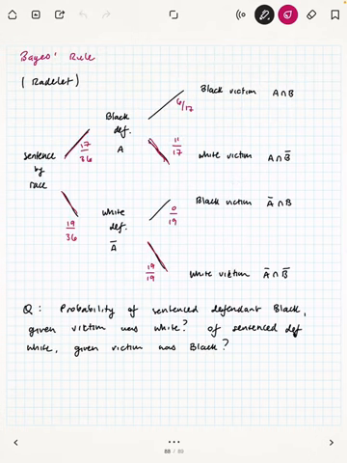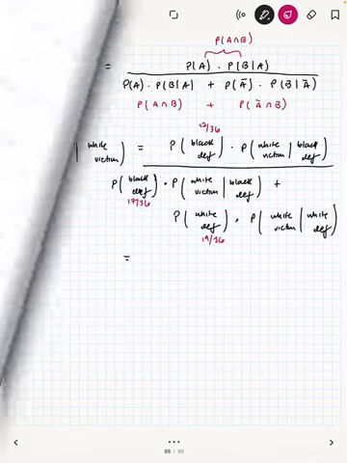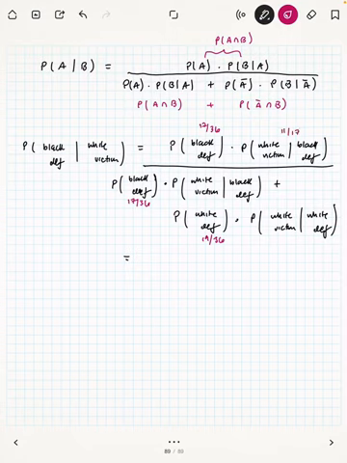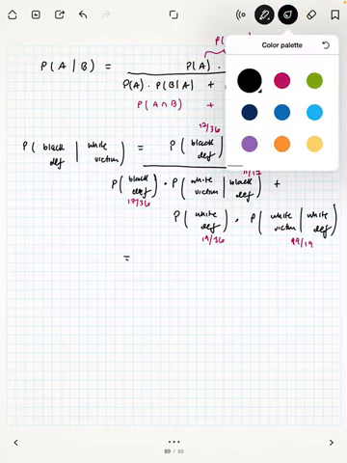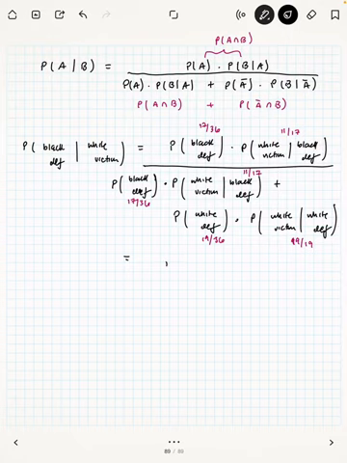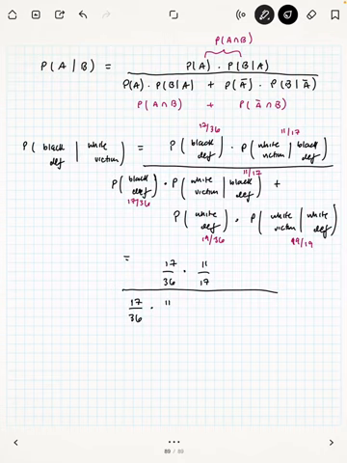So that's 11 out of 17 and 19 out of 19. So we have 17 over 36 times 11 over 17, divided by that same expression, 17 over 36 times 11 over 17, plus 19 over 36 times 19 over 19.